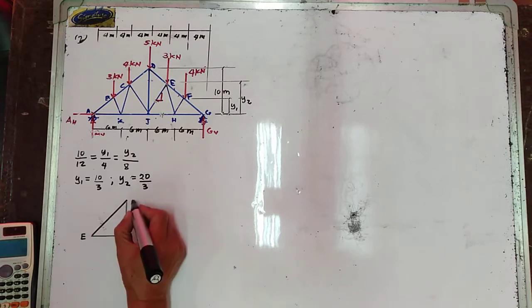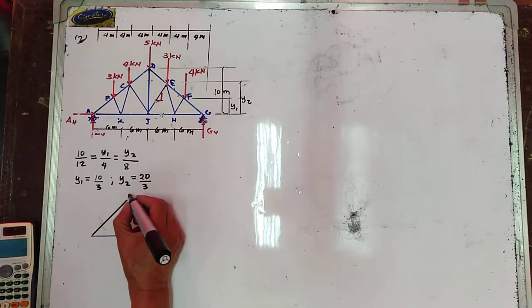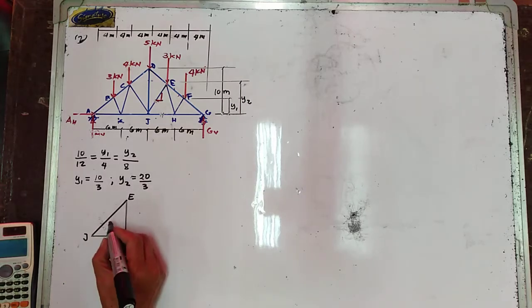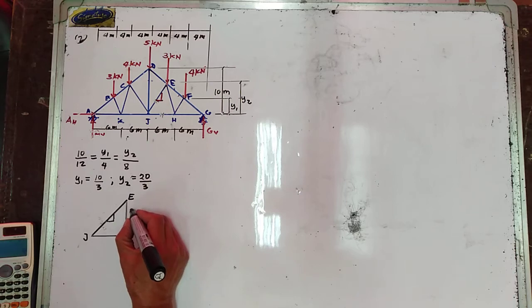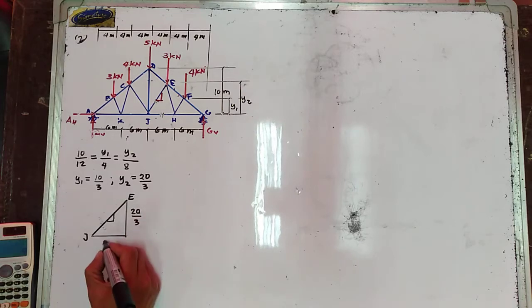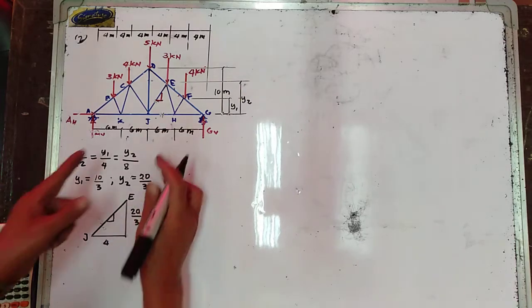This is your E, and this is your J. So let's try to determine the slope. This one in here is 20 all over 3, and this is equal to 4.